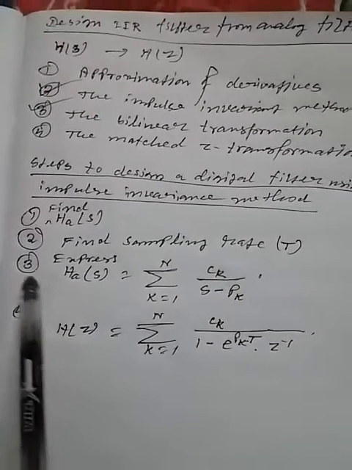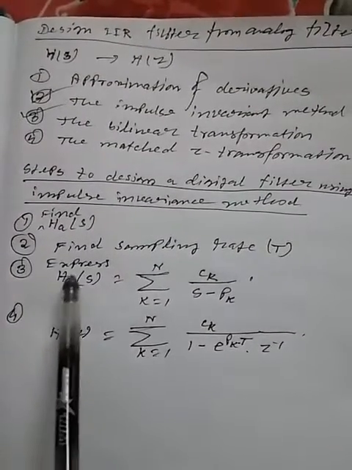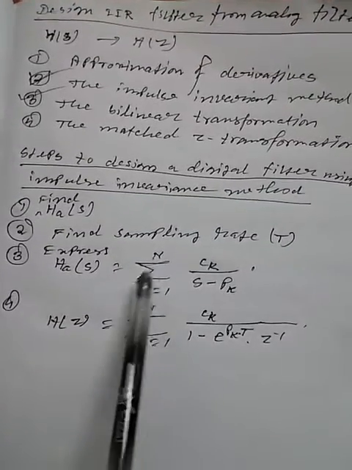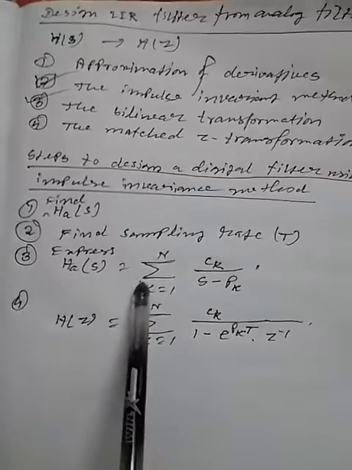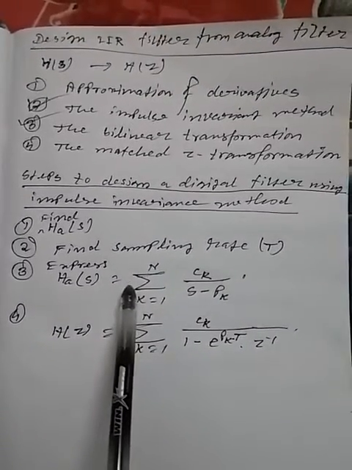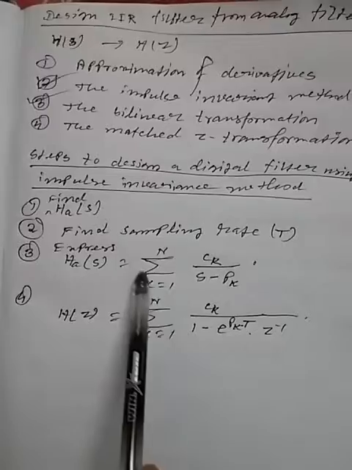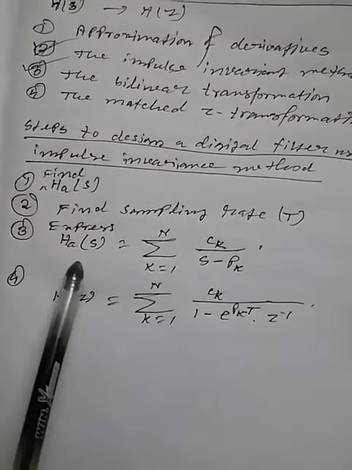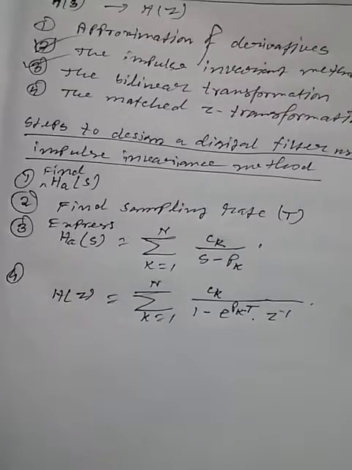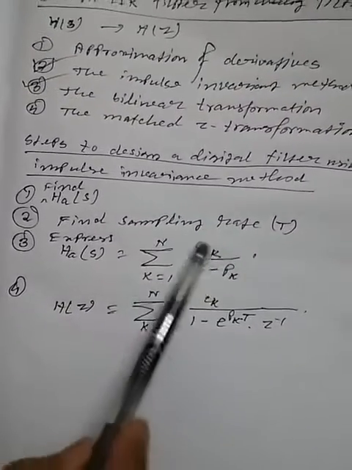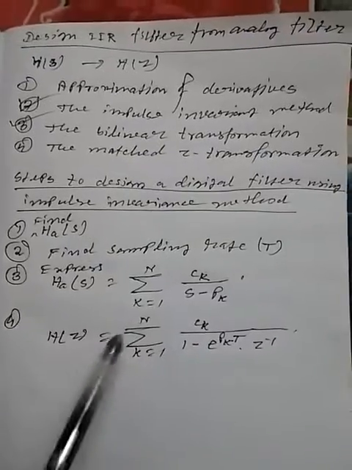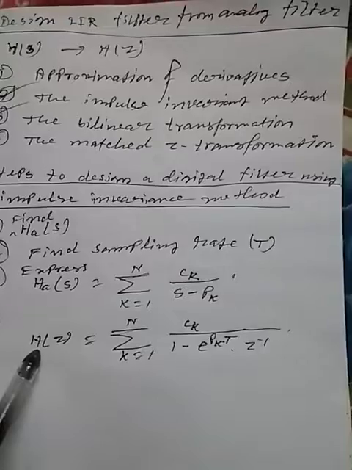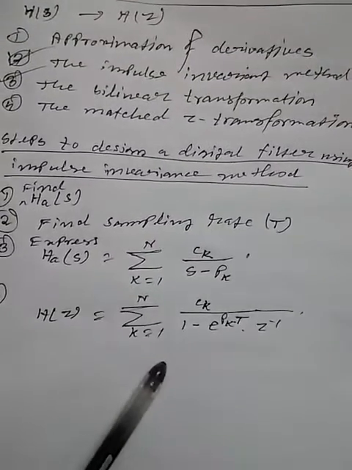After that, express this analog transfer function in the form of partial fraction expansion. Then you can easily obtain the transfer function of the digital filter, that is H(z), by using this formula.